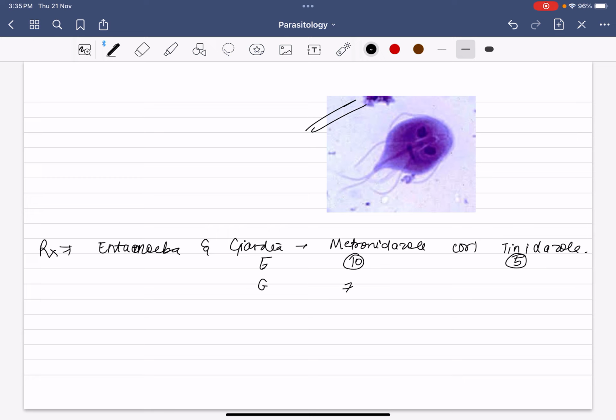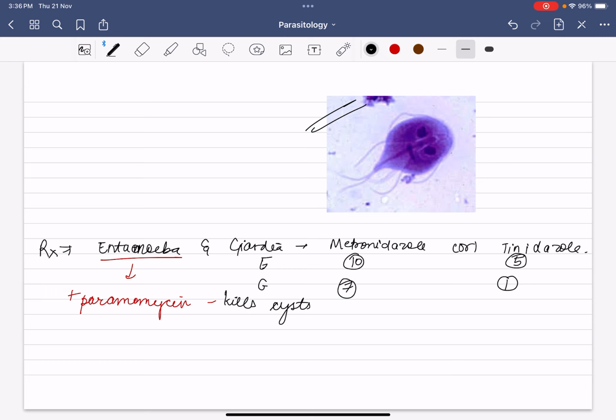For Giardia it's 7 days of metronidazole or 1 day of tinidazole. Also in case of Entamoeba, along with metronidazole, paromomycin is given, which kills its cyst forms.